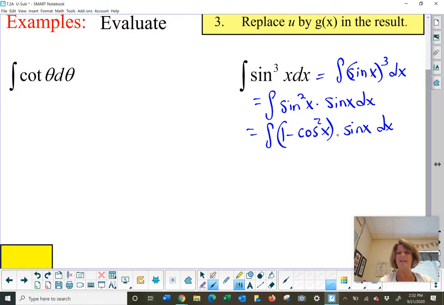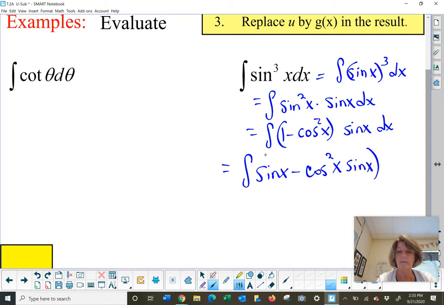Then let's distribute. So I'm going to end up with the integral of sine x minus, I'm going to lead with the cosine because that'll actually work better, cosine squared x sine x dx. All we did there was a lot of pre-calc work.